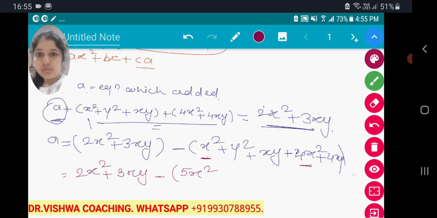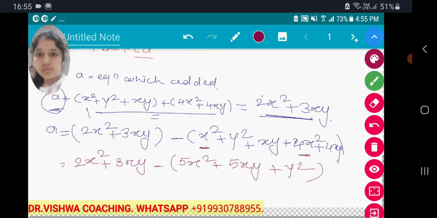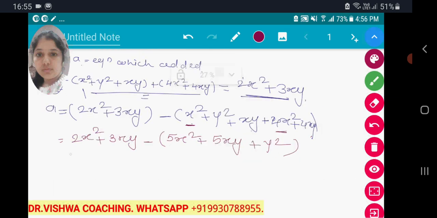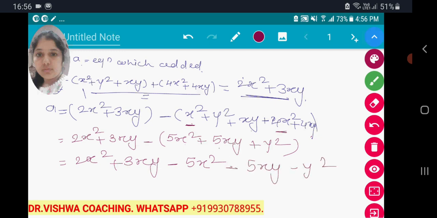Now this xy plus this 4xy becomes 5xy and y square as it is. Okay. Now remove the bracket. 2x square plus 3xy minus 5x square minus 5xy minus y square.